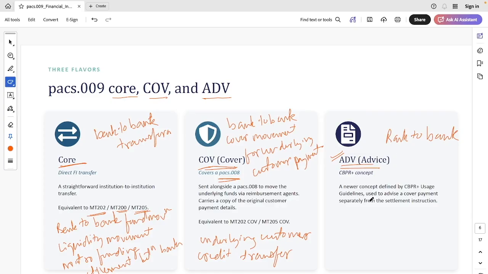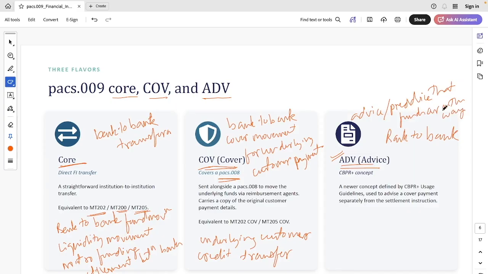And this is your advice or pre-advice by the bank that funds are on the way.